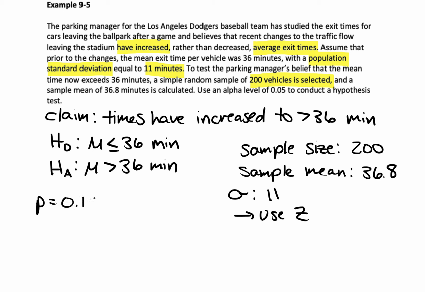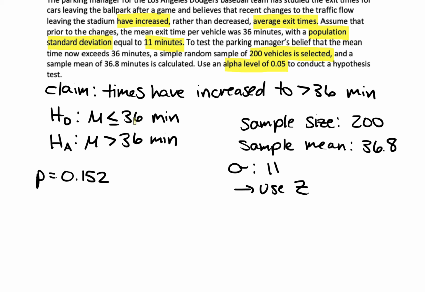Now what I'm going to do with that is compare it to the alpha that I'm given in the problem. So my alpha level here is 0.05. And the way that this works is I reject the null hypothesis if p is less than or equal to alpha.